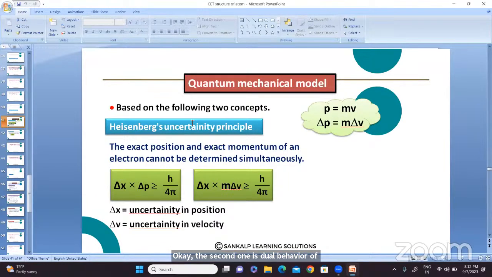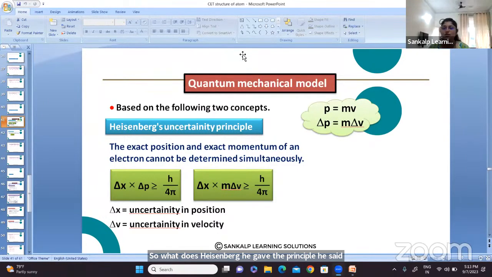First we'll discuss Heisenberg's uncertainty principle. He said that it is impossible to determine simultaneously both the position as well as the momentum of an electron.